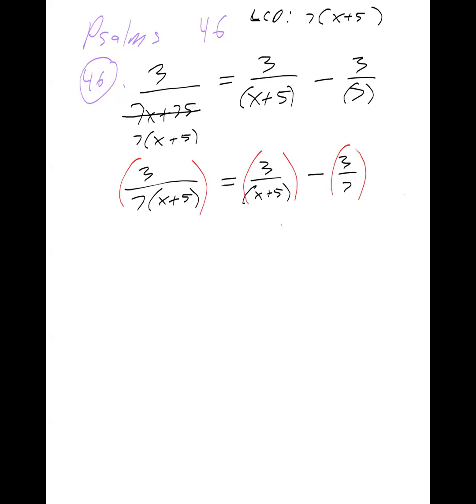But I wanted to emphasize that we're going to take the 3 terms and put them in like groups. What are we going to put beside each term? The LCD, right? So I'm going to put that in pink, I guess. So 7 times x plus 5, 7 times x plus 5.